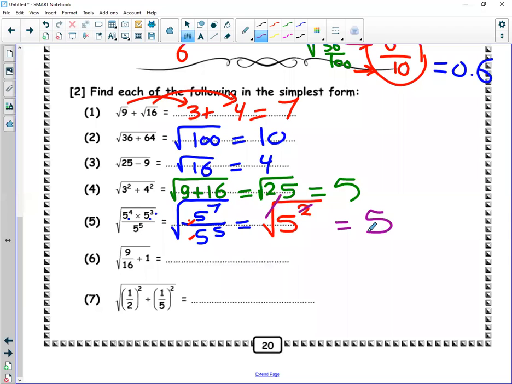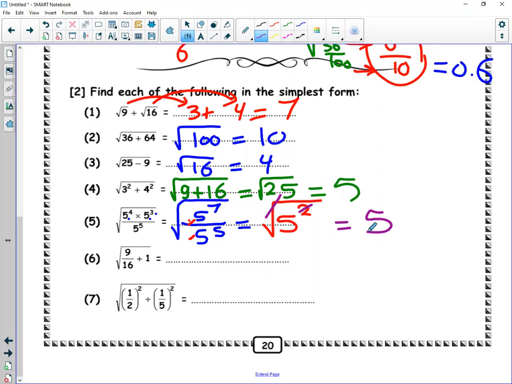Number 6, the square root of 9 over 16 plus 1.